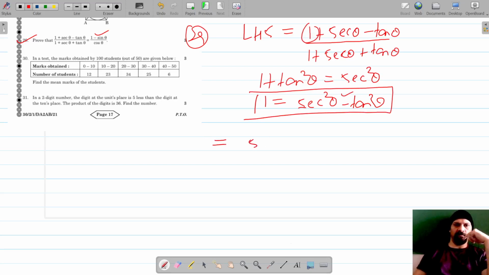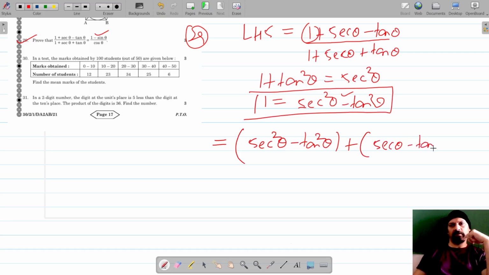So our LHS becomes secant square theta minus tan square theta plus secant theta minus tan theta upon 1 plus secant theta plus tan theta.